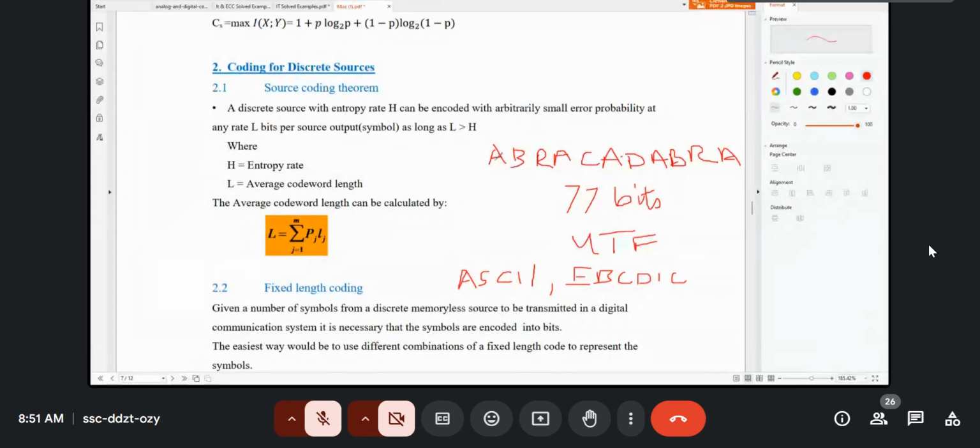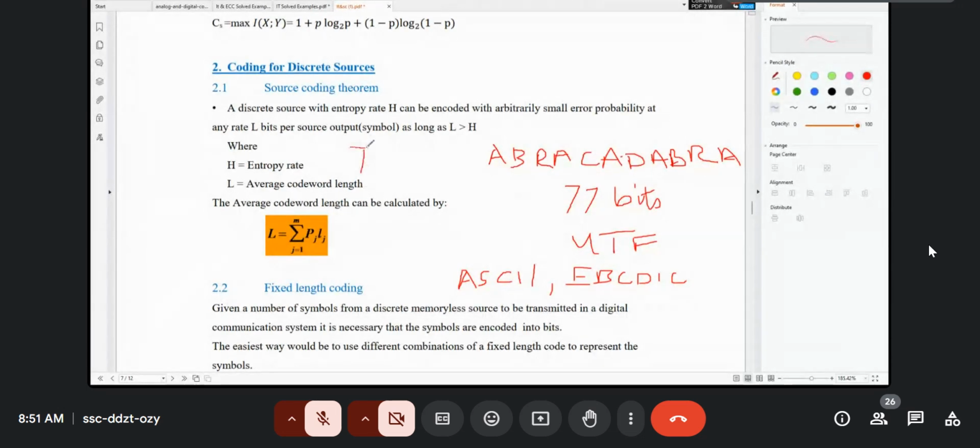And what we are saying is we don't have to do it. We can encode the symbols as per their information content.